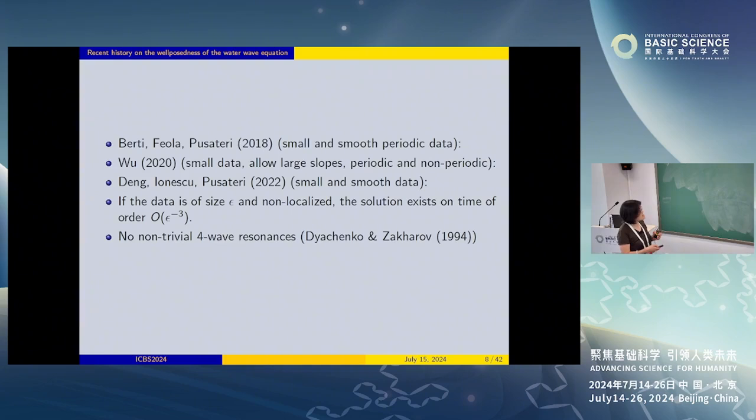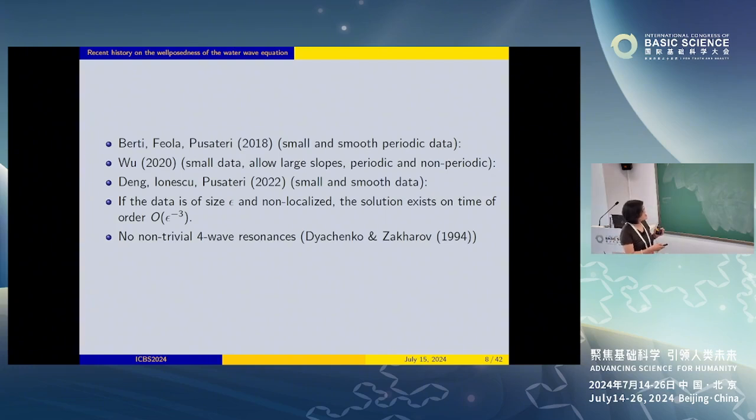For this matter, in fact, there is a lot of work, which I'm mentioning here. This is a formal calculation by Dyachenko, Zakharov. They show by formal calculation that there are no non-trivial four-wave resonances. So in other words, there's a Birkhoff normal form change, and after that, the cubic nonlinearity is still there, but it's an integrable equation. So if you remove all the quartic and higher order terms, you get an integrable system.